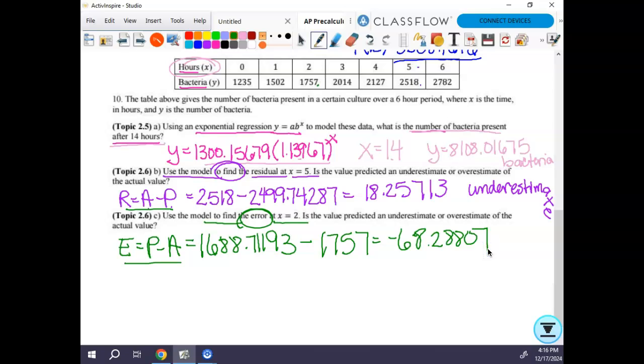And this asks if this is an underestimate or an overestimate. So remember, you can just think about residuals. If the residual is negative, it's an overestimate. So this is the error, it's opposite. So this is an underestimate also. Okay, and that's the end of part 2.